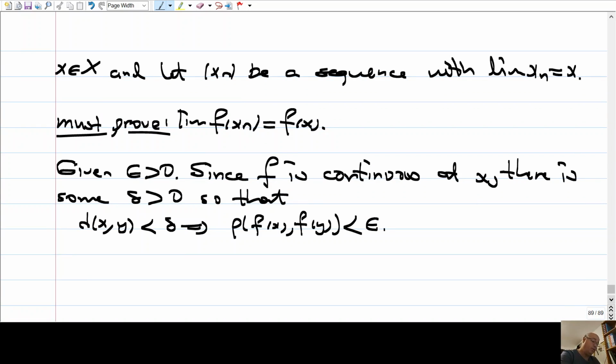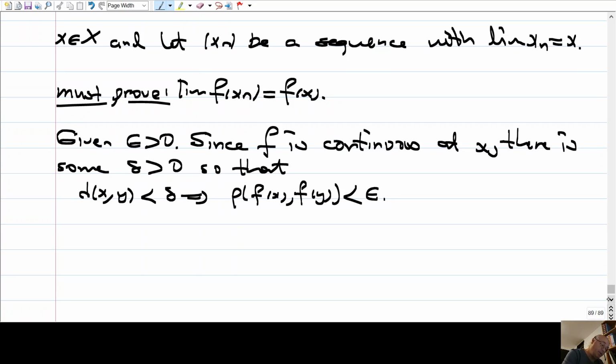Let me draw you a picture. Here is, let's say, x in the metric space X. Here is the point y, and you give me some epsilon ball.